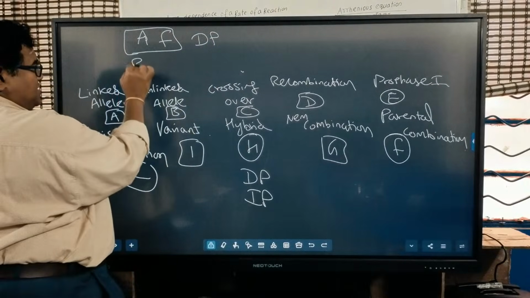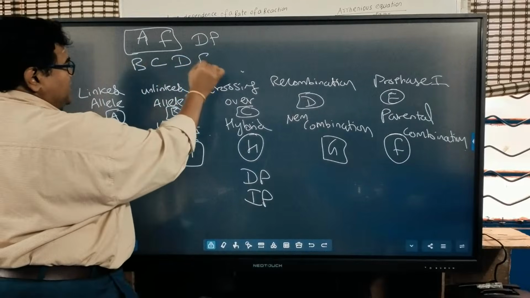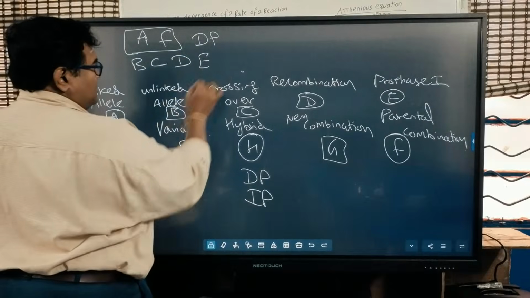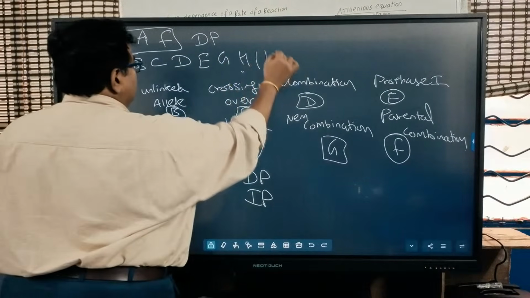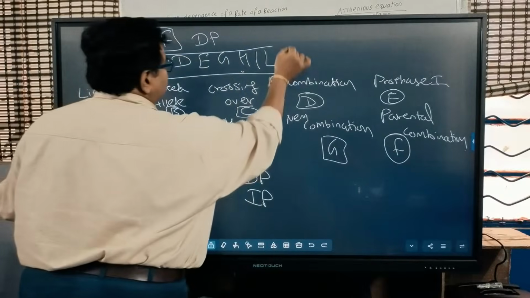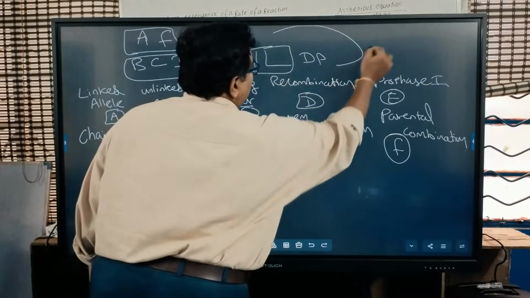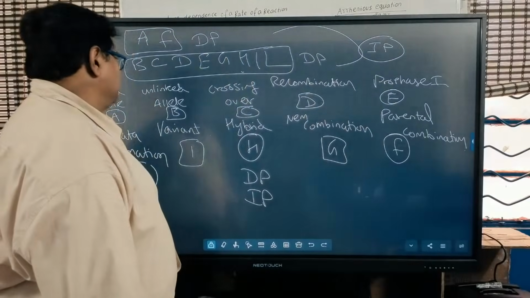Whereas B, C, D, E, then G, H, I, L, all these things are directly proportional. These two things are indirectly proportional.